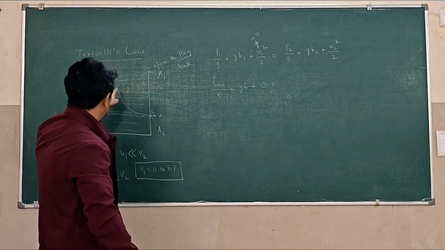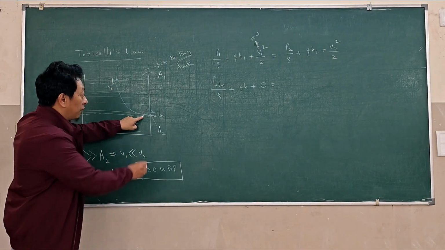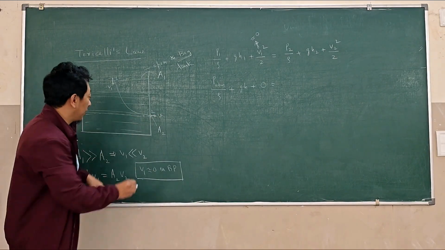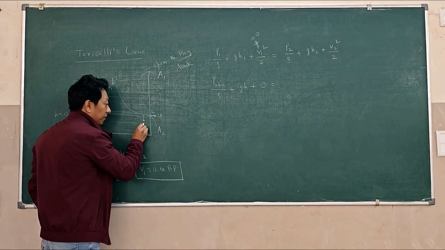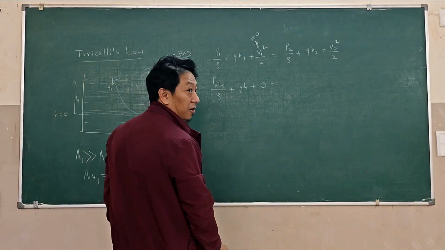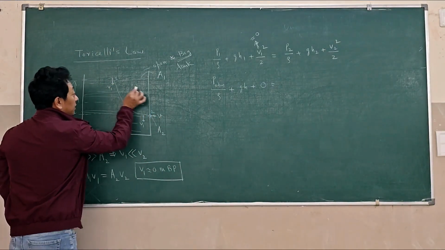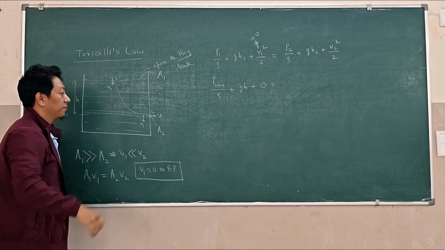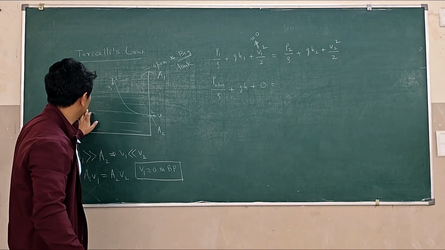So if you choose one point here, one point here, you will never be able to calculate this V, because you will calculate this V1 only, which we have already neglected. Clear or not clear? Because this area is the same, the velocity here, here, here will be the same. Forget these things.